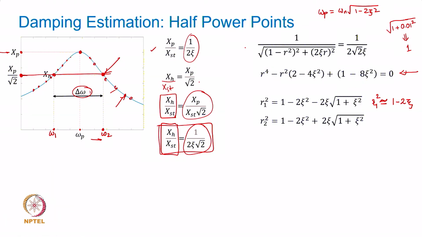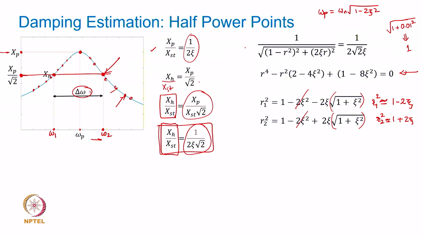And from the second expression, R2 square I am writing as 1 plus 2 zeta. This is ignored or assumed negligibly small. Similarly, this bracketed term is assumed equal to 1. By ignoring higher powers of zeta, these are the simpler relationships.